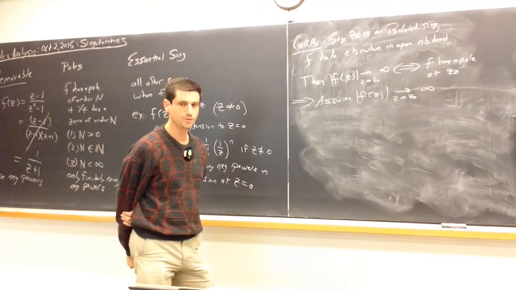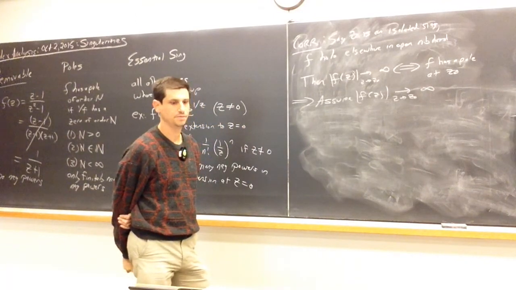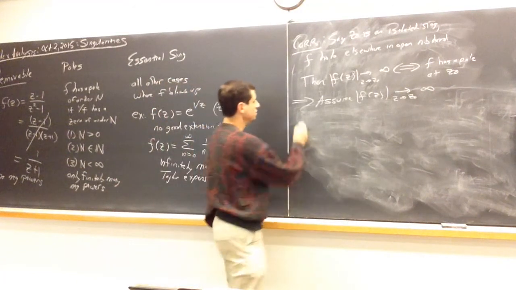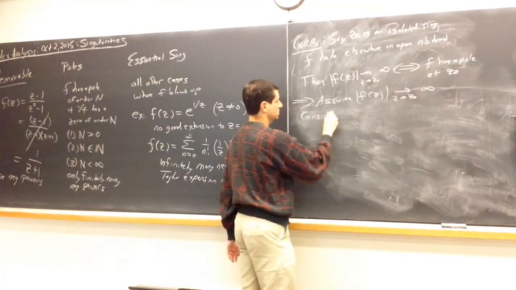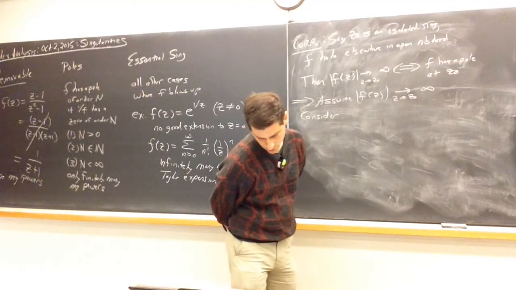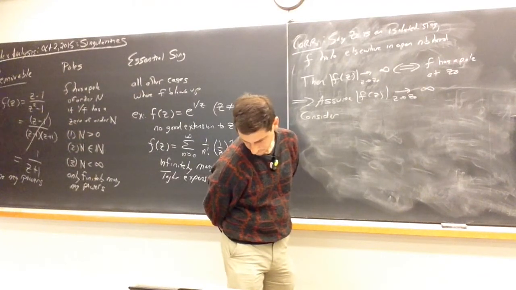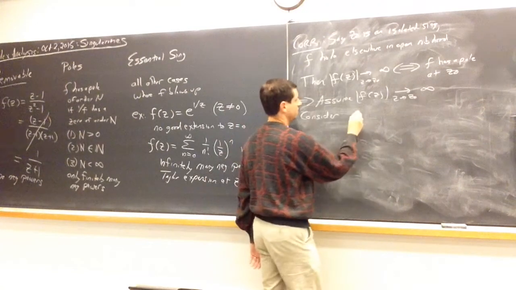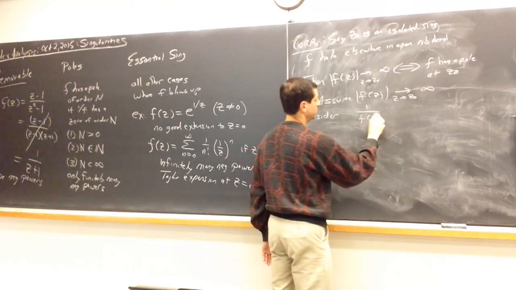We want to prove that it has to have a pole. So consider the function 1 over f of z.